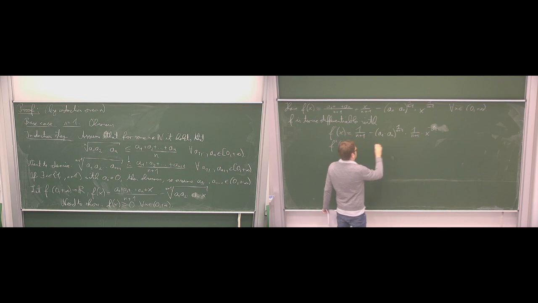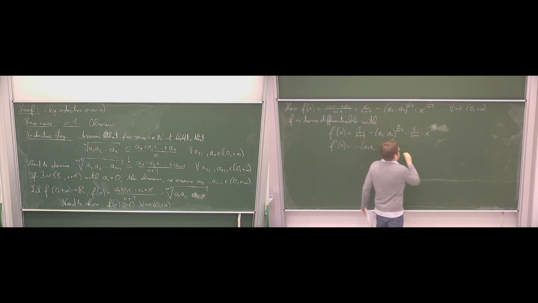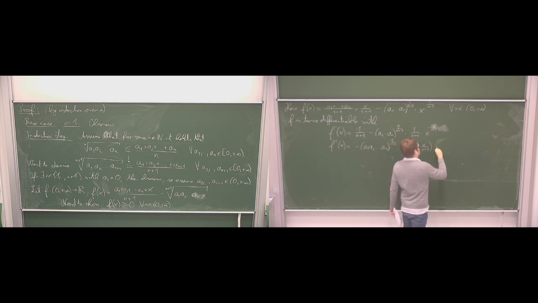Then we have this as a prefactor, (a1, a2 to an) to the power of 1 over n plus 1, times, and now we've got 1 over n plus 1 times this exponent, so minus n over n plus 1, and times x, and now the exponent subtracted by 1. So we have to subtract n plus 1 here, which means that we get x to the minus (2n plus 1) over n plus 1.